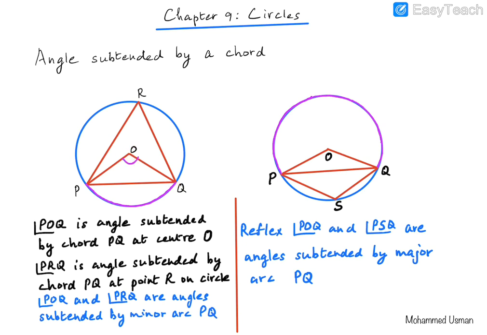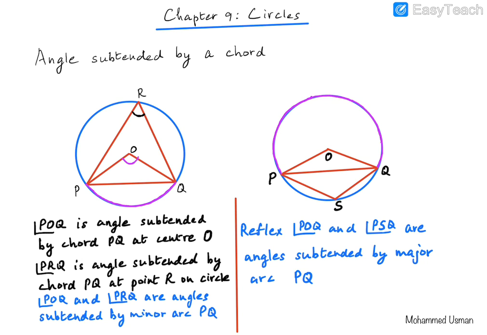Similarly, we can have an angle subtended by this chord PQ at any point on the circle. For example, at the point R on the circumference of the circle, we have an angle subtended by this PQ, which is angle PRQ. Let me mark that as well. PRQ is this angle over here.